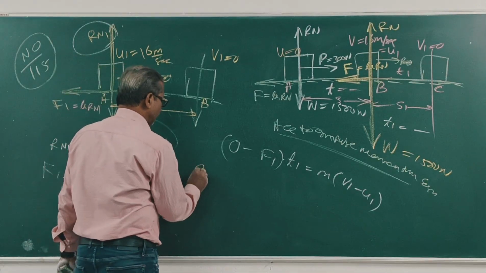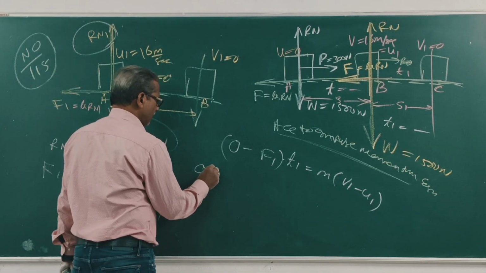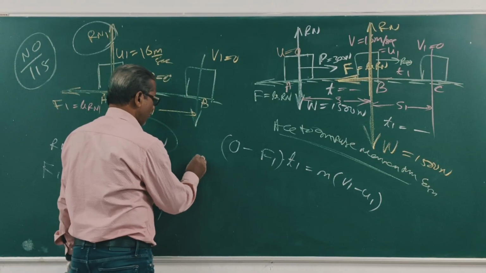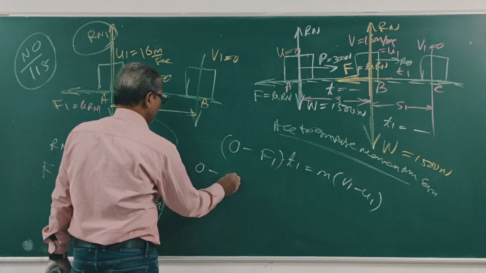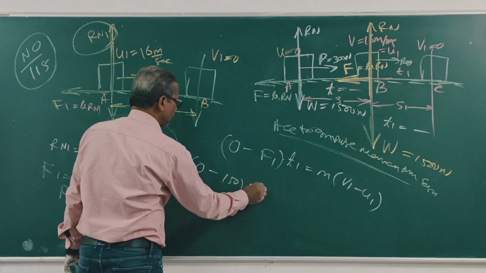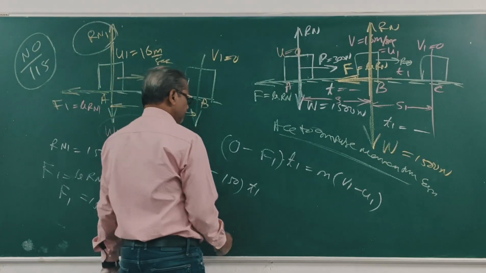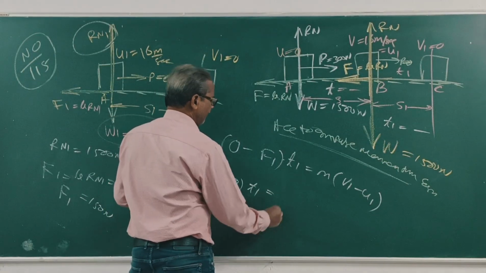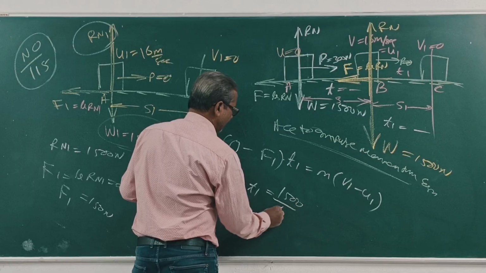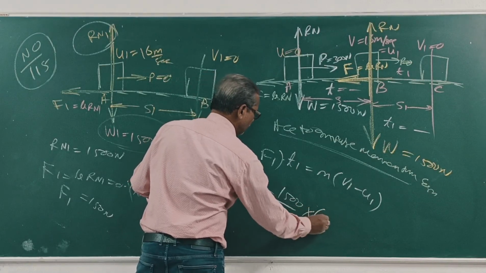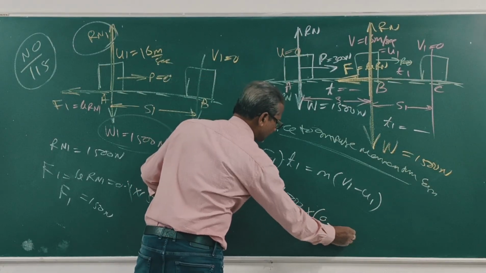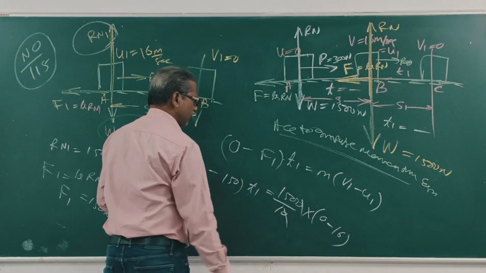So 0 minus F1, so F1 is 150 into T1, W is equal to M into G, so 1500 by 10 into V1 0 minus U1, 60. Clear?